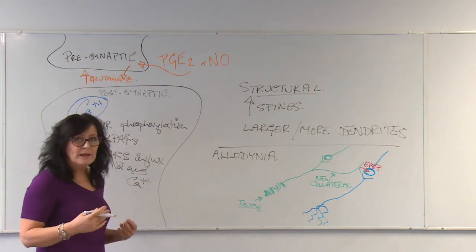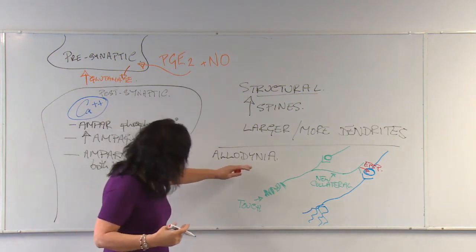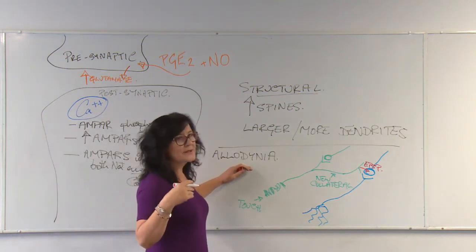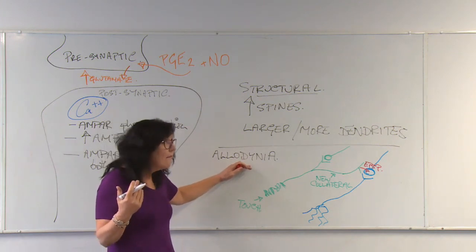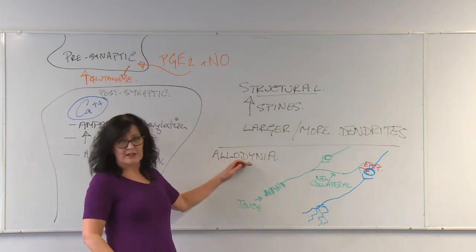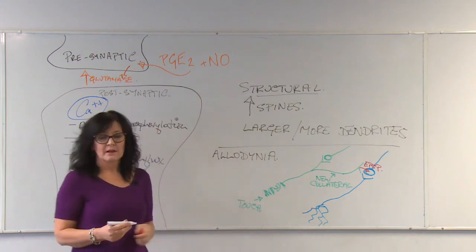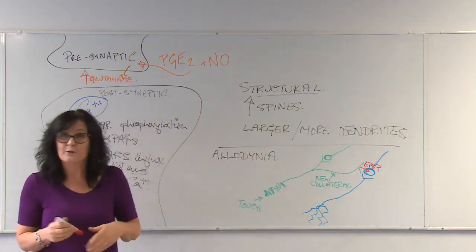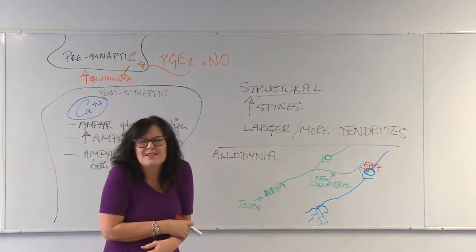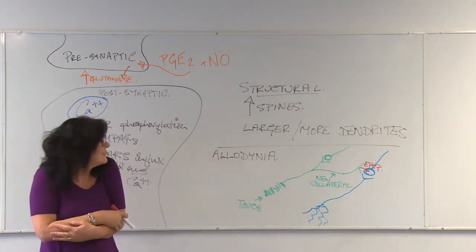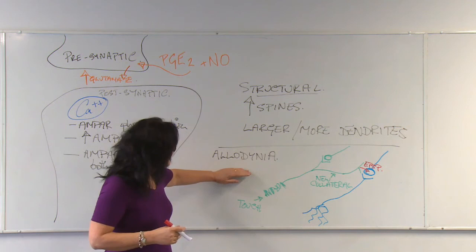But if you think about this, allodynia is the perception of non-noxious stimuli, in other words, something touching you, as pain. I don't know about you, but when I'm not very well, if someone touches your skin it's ultra-sensitive and it feels like pain. And that's what allodynia is.